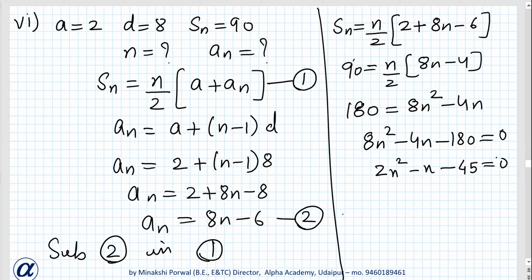Now the product of two numbers is minus 90 and their sum is minus 1. So we have to think of the numbers. Minus 90, so 9 and 10. 2n square minus 10n plus 9n minus 45 equals 0.